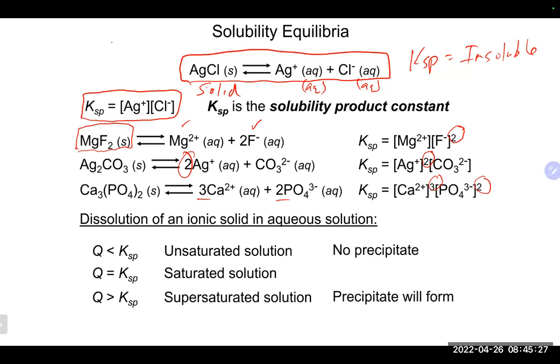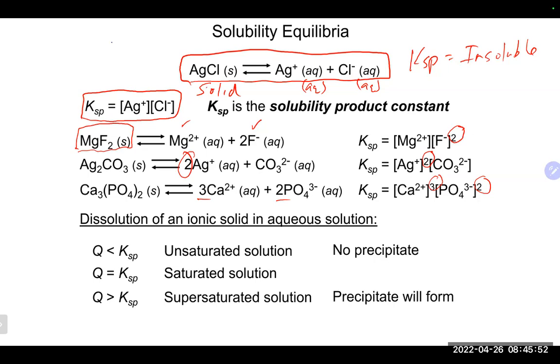So let's talk it over. If these are things that are typically insoluble, that means they are typically going to be solids. Which side of the equation has solids? Reactant side. So in order to have more reactants, you need a large K or a small K? A small value of K means that you have more reactants, right?